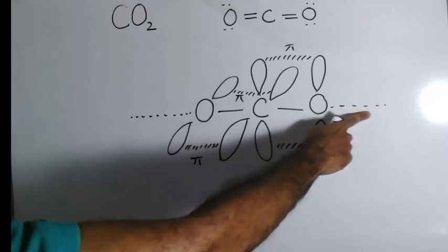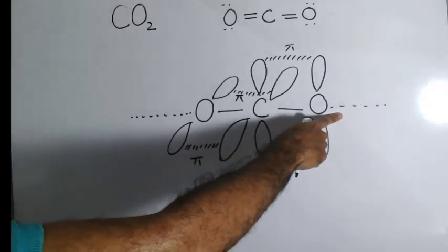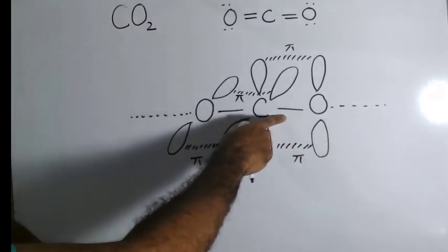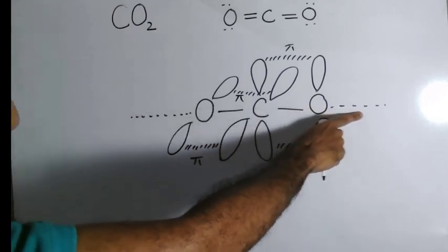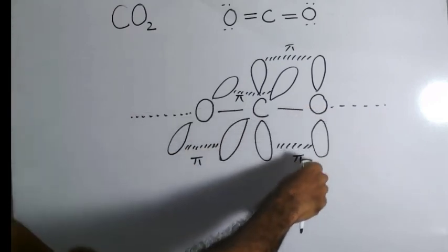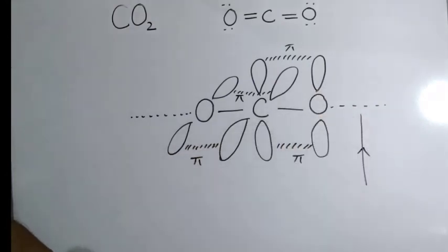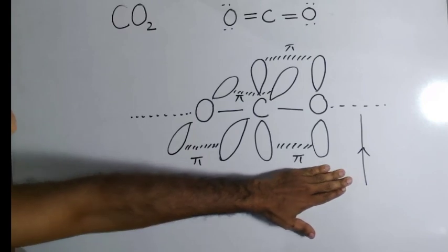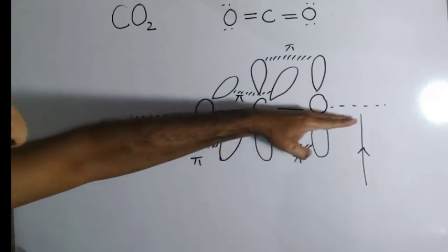This is the axis and it is on the plane of this whiteboard. This axis is used to create the sigma bond using hybridized orbitals. And this is this axis. It is also on the plane of the whiteboard but perpendicular to the plane that the sigma bonds are creating.